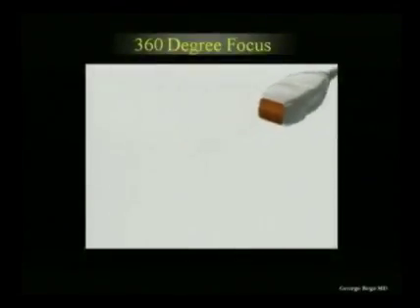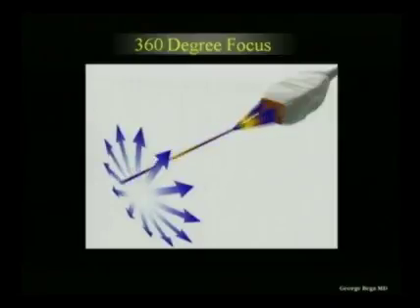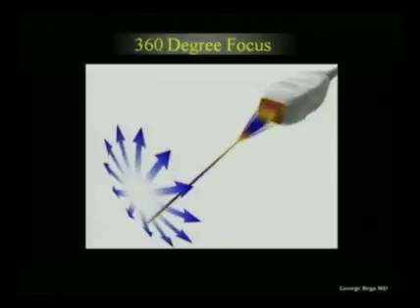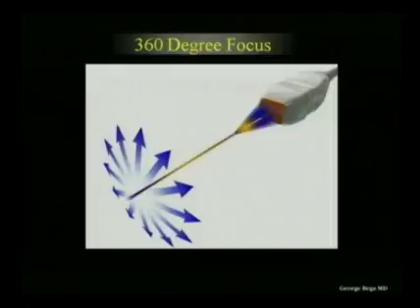As you can see here, these transducers have a relatively small footprint. These are not necessarily big transducers, and they can focus in a 360-degree fashion. This is a very important feature. This is the real strength of using this technology. You can electronically focus in any single direction.